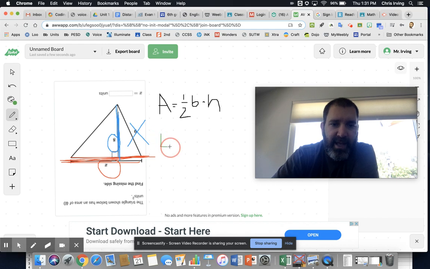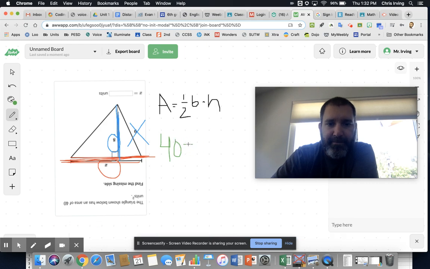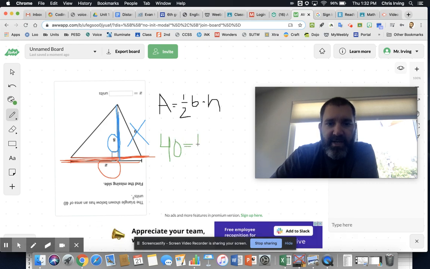So instead of using A, let's substitute that for 40 because we are given that. We can say 40 equals half. And again, we don't know the base. That's what we're being asked to solve. So I'm going to put a B right there, and times height. In this case, I almost put an H. My bad. I'm going to substitute an 8.